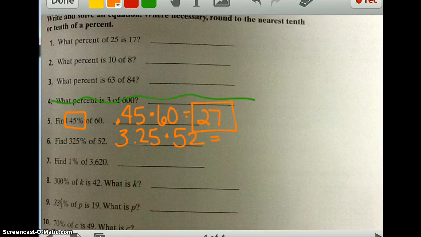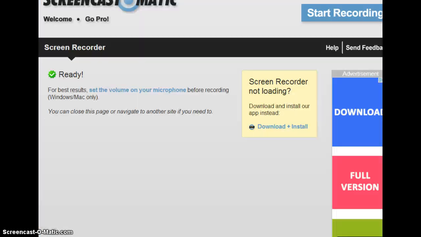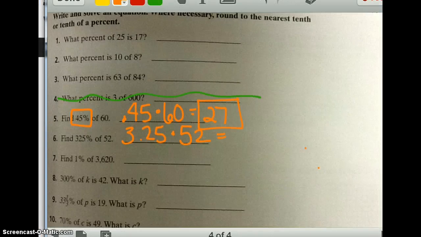So 3.25 times 52. Should the answer be bigger than 52? It should be. So when I do that, I get 169, which makes sense because if I did 52 times 3, that would be about 156, so a little bit bigger. Yep, that makes sense. All right, let's keep going.